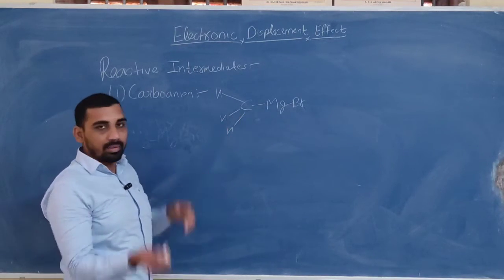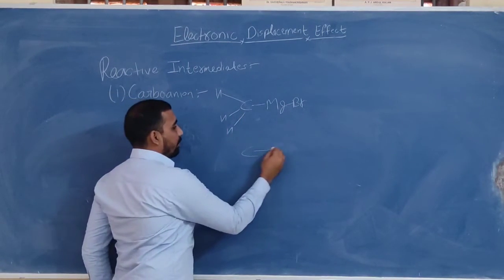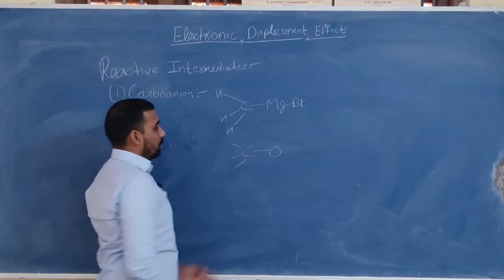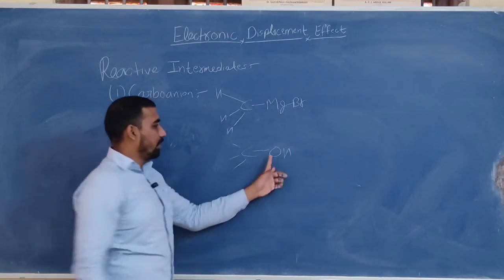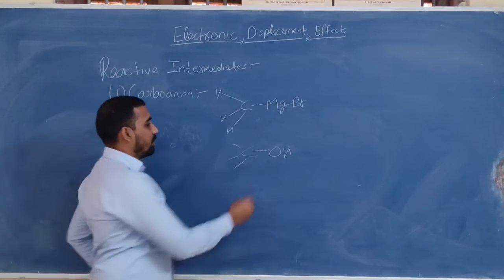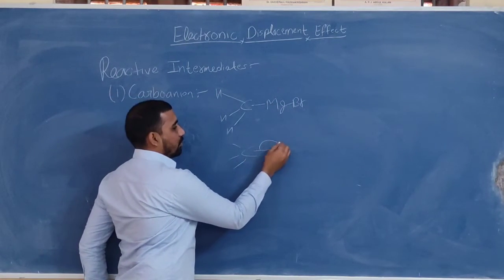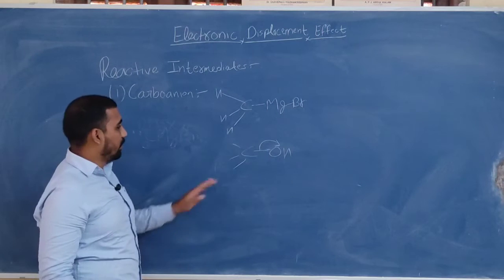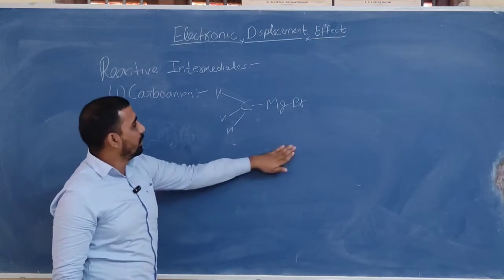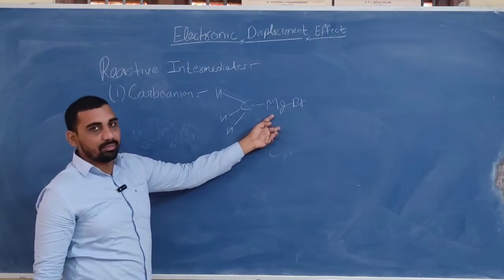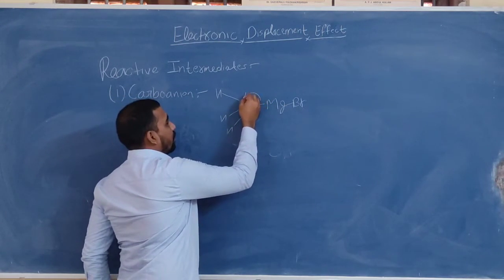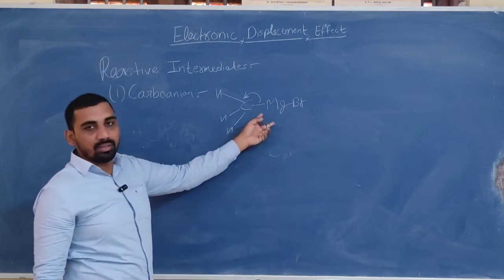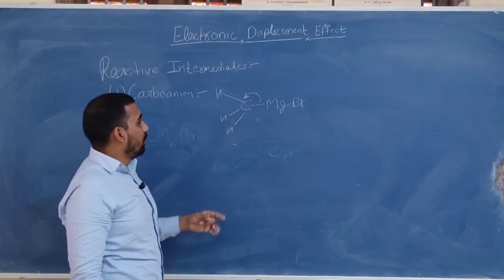Then what was happening in the carbocation case? We had a carbon and oxygen bond, and oxygen was more electronegative than carbon. That's why the shared electron was going towards oxygen. But here, the electronegativity of carbon is more than magnesium. In this case, this carbon is going to be negatively charged after taking the shared electron.